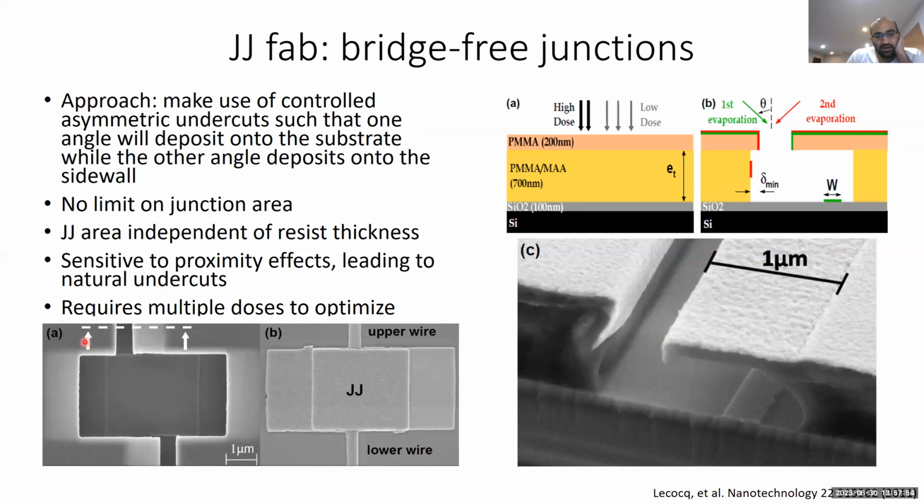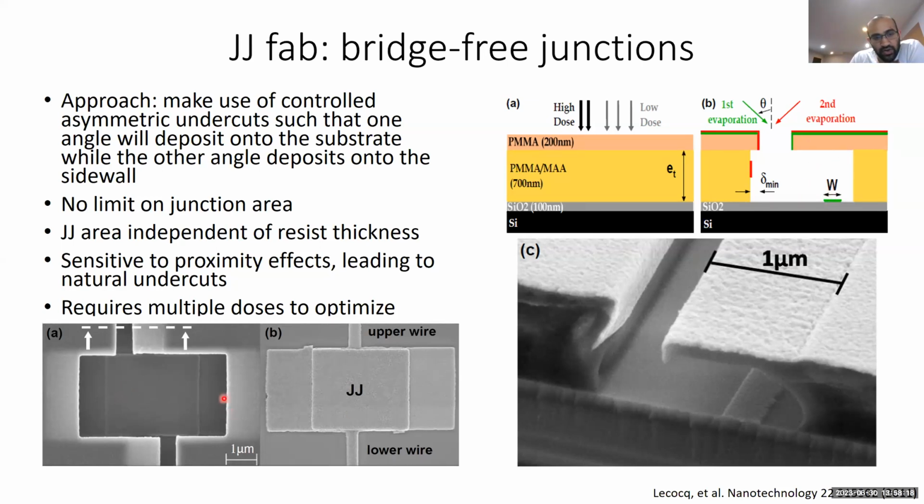The pattern looks like this, where you have a fully exposed region right here, and then an artificial undercut made by exposing this region with a very low dose, such that you only develop away the MMA here.